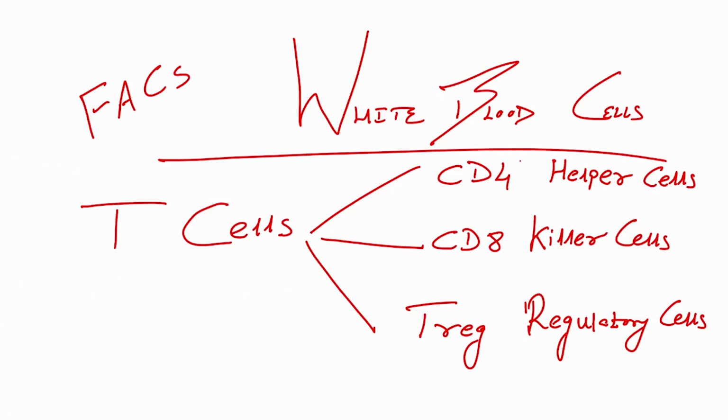Alright. So, now we at least know that white blood cells contain T cells, and in T cells we have CD4 cells, CD8 cells and T regulatory cells, right. So, what will we do with that?